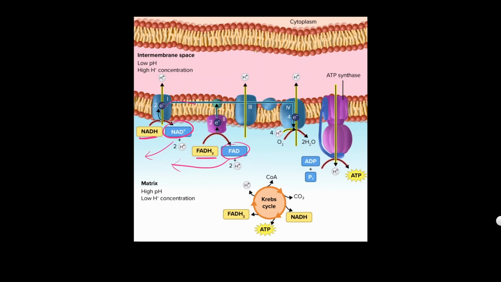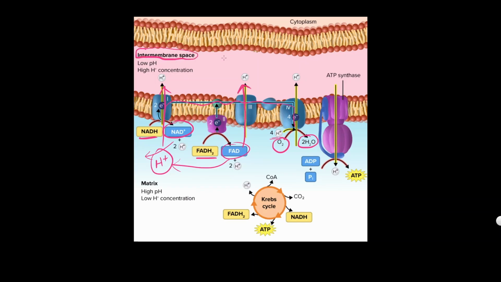So as electrons go through these proteins that are embedded in the inner membrane, what happens is that oxygen, with the addition of H pluses, is going to pick up electrons and become water. And as electrons go through these, all the protons or H plus are going to get pumped into the intermembrane space.